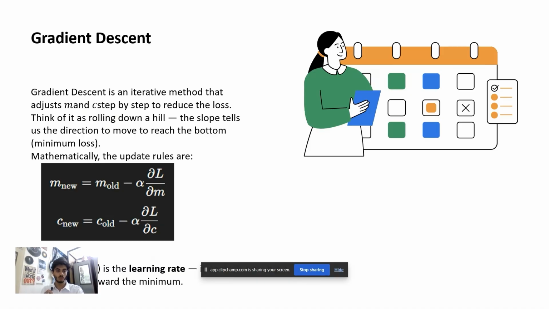Mathematically, the formulas are m new equal to m old minus alpha into del L upon del m, and c new is equal to c old minus alpha into del L upon del c, where alpha is the learning rate. It controls how big a step we take towards the minimum. If alpha is too large, we may overshoot the minimum. If too small, learning becomes very slow.